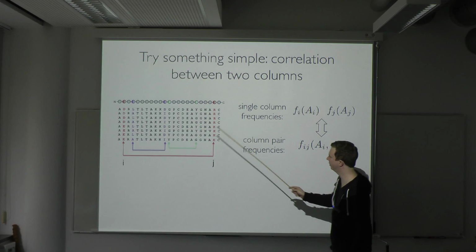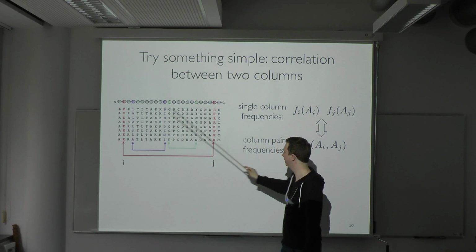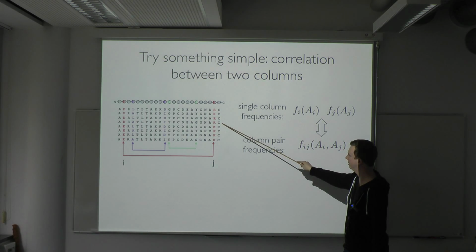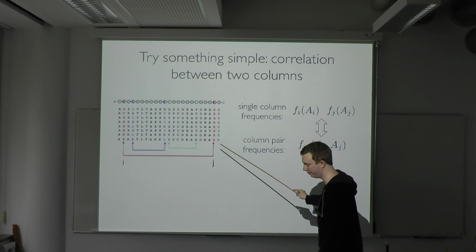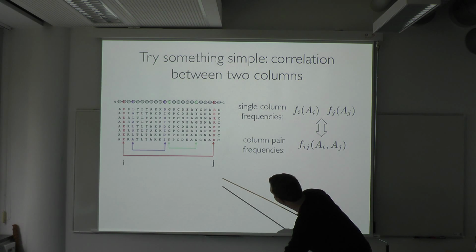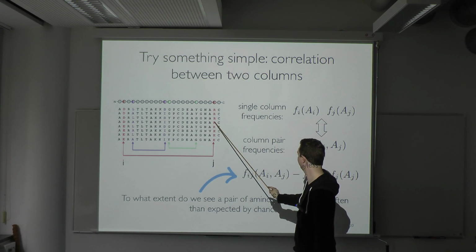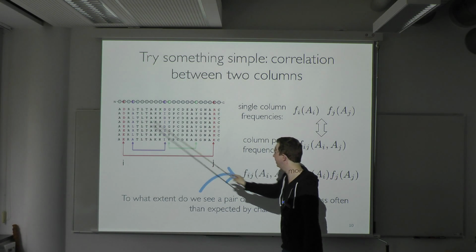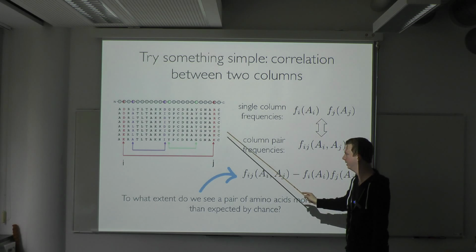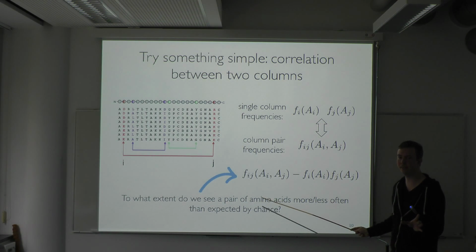So for instance, the frequency of D would be 0.5, the frequency of E would be 0.5, here the frequency of R would be 0.5, and of K would be 0.5. So the frequency of D and R together is 0.5, and the frequency of E and K together is also 0.5. And now the question we ask is, to what extent do the pairs deviate from what you would expect under statistical independence?